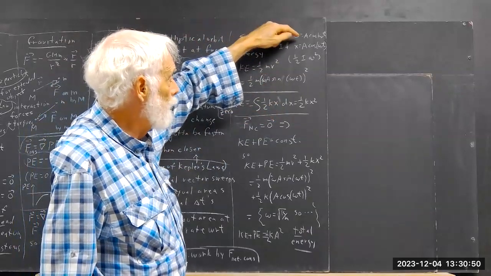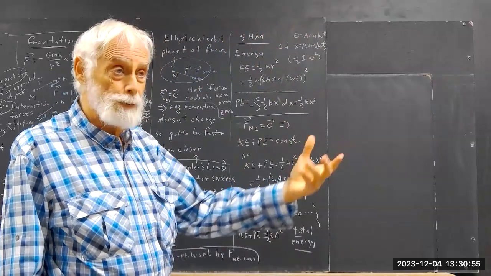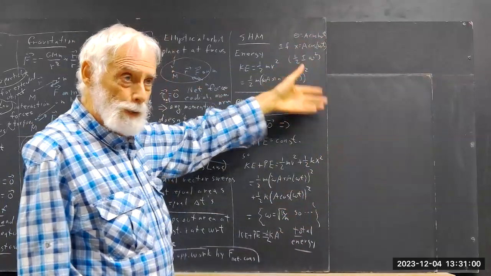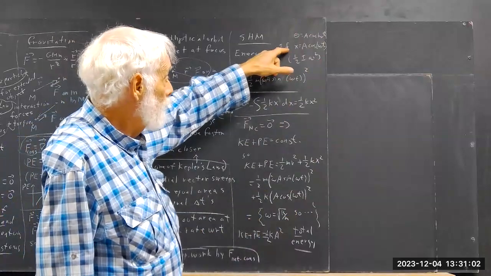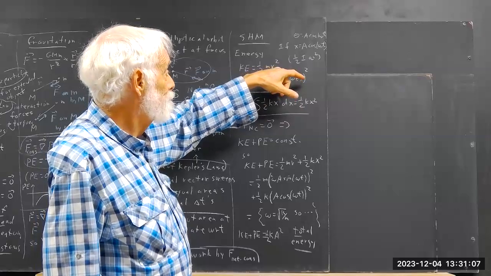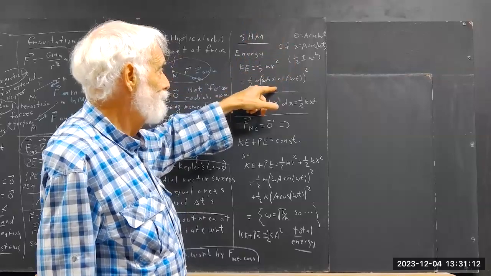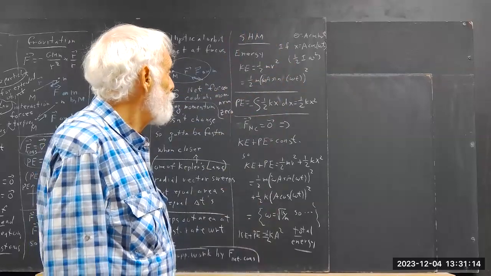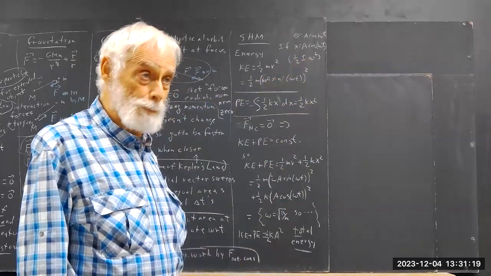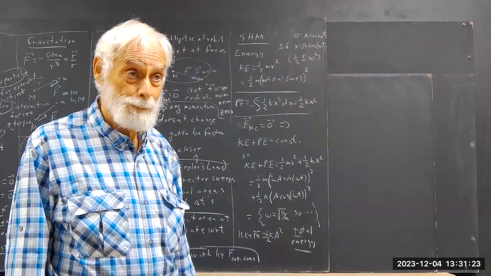Now what I say here is theta is A cosine of omega t, assuming phi is 0, and if phi is there it's going to be here, so it's not going to make any difference in the expression. If x equals A cosine of omega t, then you get this. And also you get 1/2 I omega squared if you're doing angular simple harmonic motion.